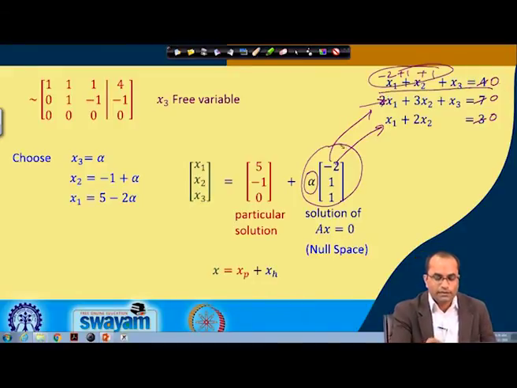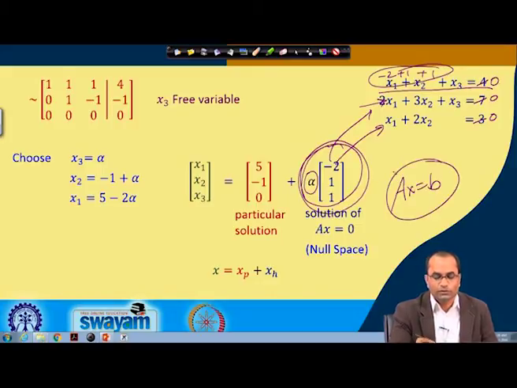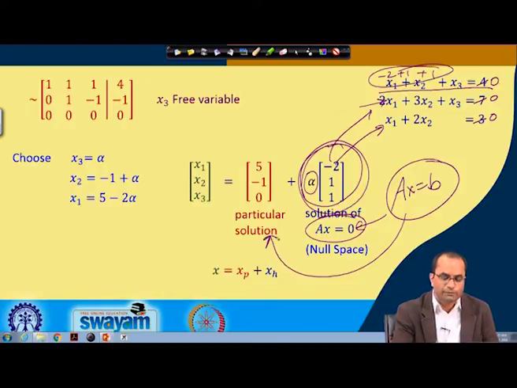So this part is exactly the solution of Ax equals 0 corresponding to the Ax equals b equation, and the other part is one particular solution which exactly satisfies the Ax equals b equation.